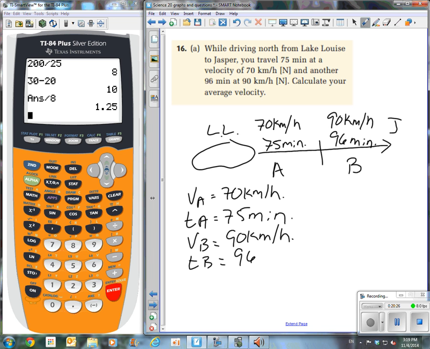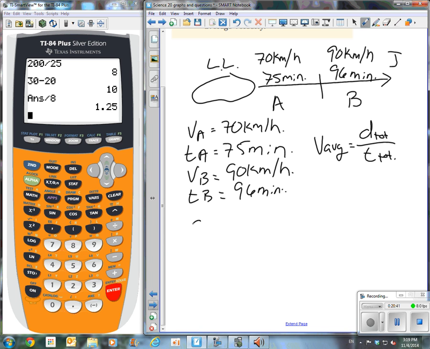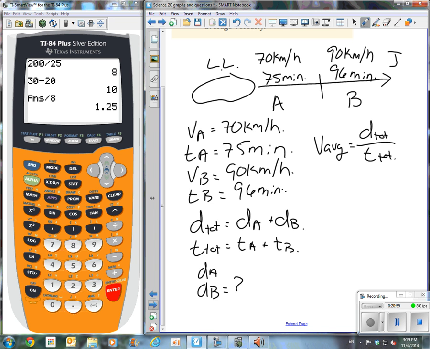In order to calculate my average velocity, I need the total displacement over the total time. So I need to figure out the displacement total, which is going to be the displacement of A plus the displacement of B. And I'm going to need the time total, which is going to be time A plus time B. I do not have the displacement of A or the displacement of B, so I will need to calculate those.